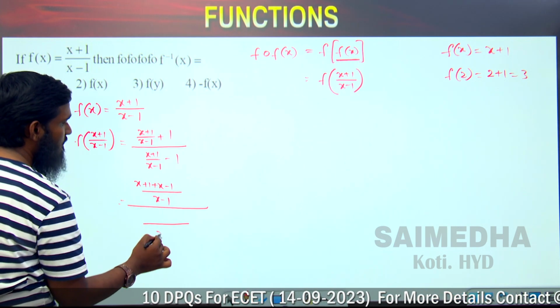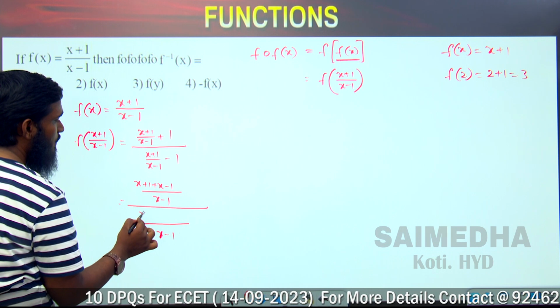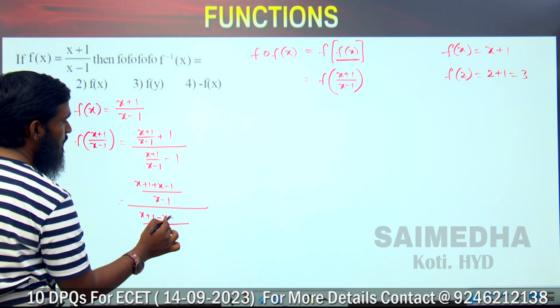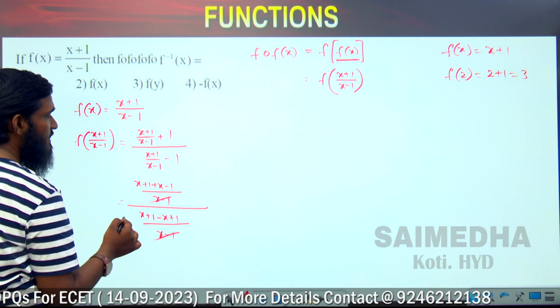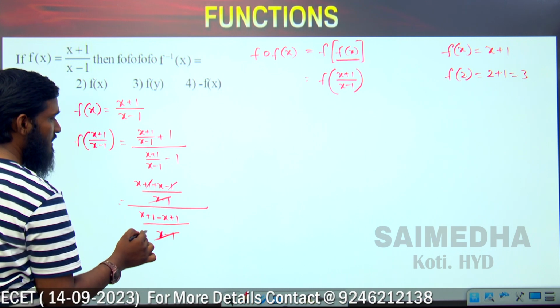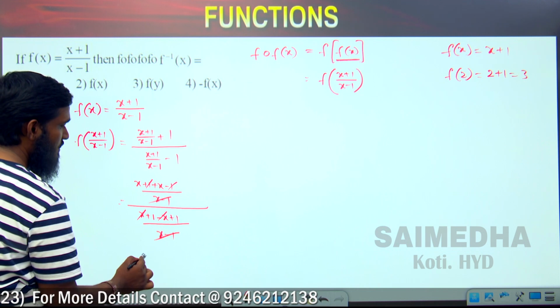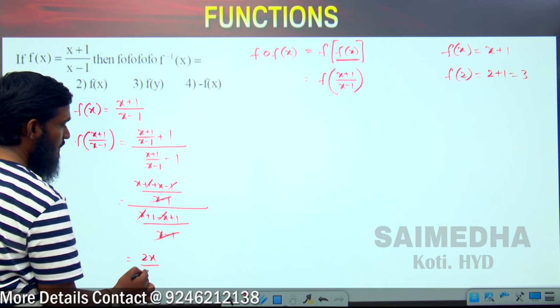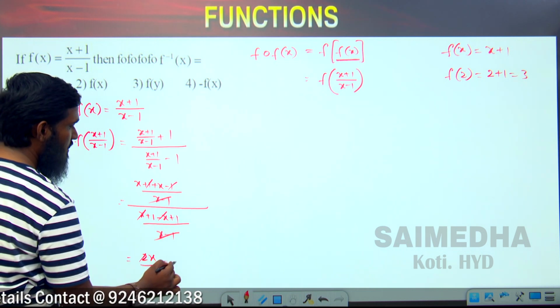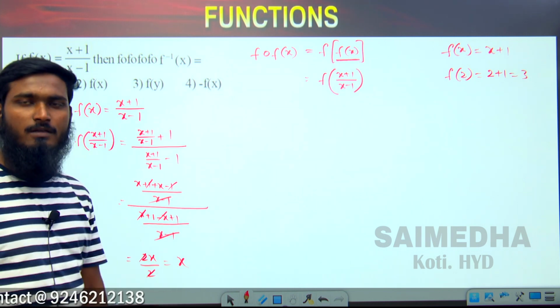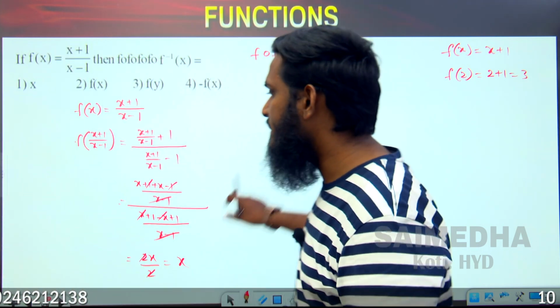Similarly the LCM will be x minus 1 and the numerator will be x plus 1 minus x plus 1. Here plus 1 minus 1 gets cancelled, plus x minus x gets cancelled. It is equal to x plus x, which is 2x, divided by 1 plus 1, which is 2. The 2 gets cancelled. It is equal to x. So this is the answer we get for this question.